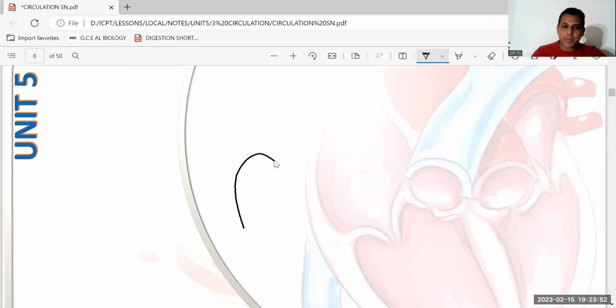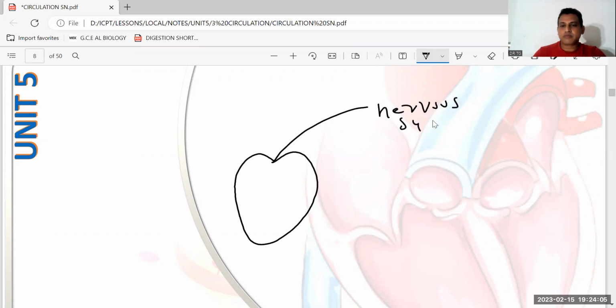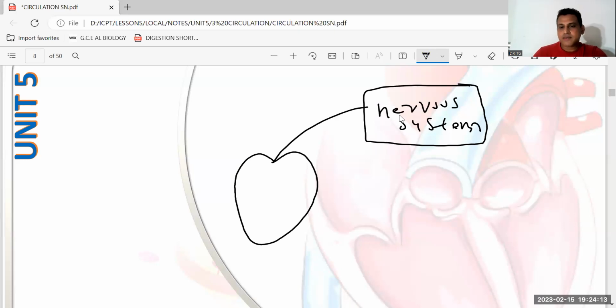The heart is connected to the nervous system. But the heart works independently.